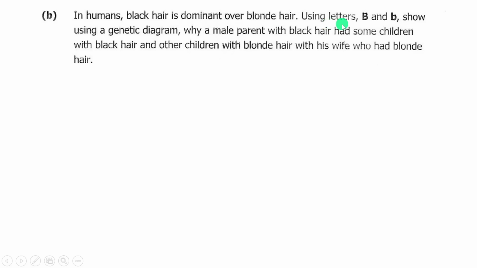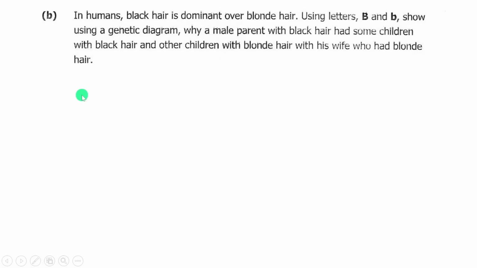So using letters capital B and small letter b, show using a genetic diagram why a male parent with black hair had some children with black hair and other children with blonde hair with his wife who had blonde hair.